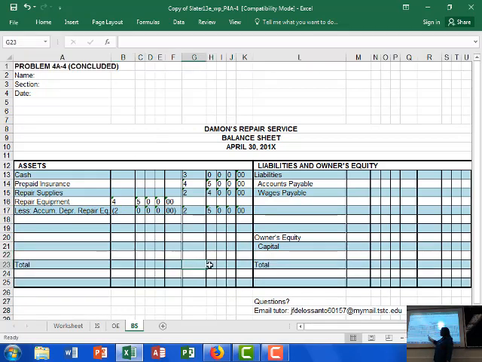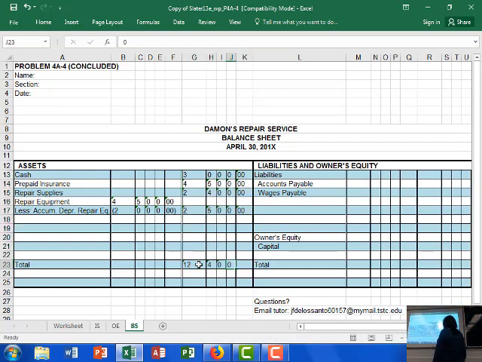Now we're going to total this amount, and we should come up with what? How much? 12,400.